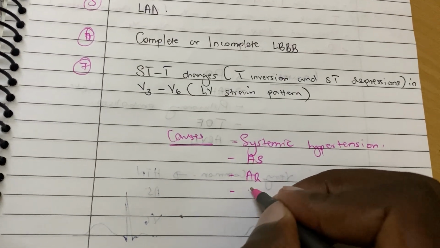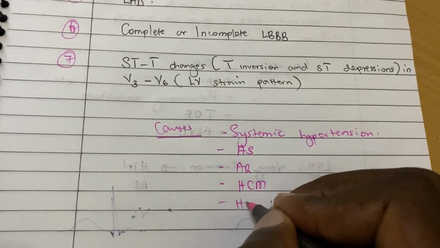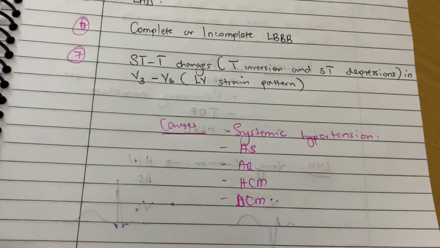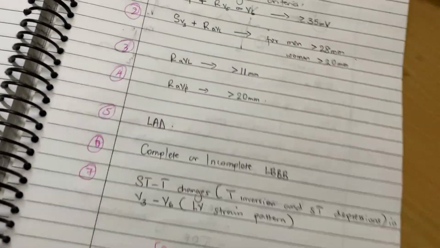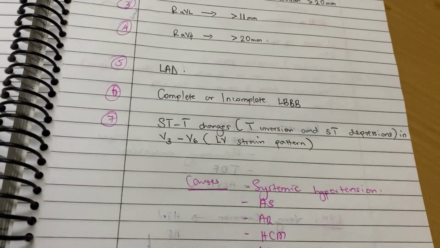and then hypertrophic cardiomyopathy, then dilated cardiomyopathy, etc. What is more obvious to find on the ECG is going to be concentric LVH.